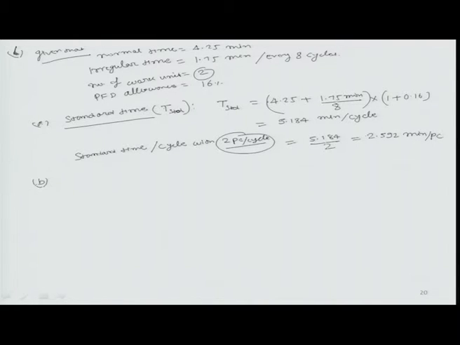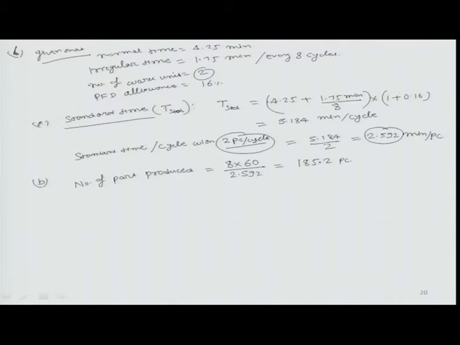Okay. Now part B. In part B, the question is saying, how many work units are produced in an 8-hour shift at standard performance. So at standard performance, we know the standard hour is 8 hours. So the number of parts produced: 8 hours is the standard hour, convert it into minutes by multiplying by 60, divided by the standard time per piece, 2.592, which is equal to 185.2 pieces.